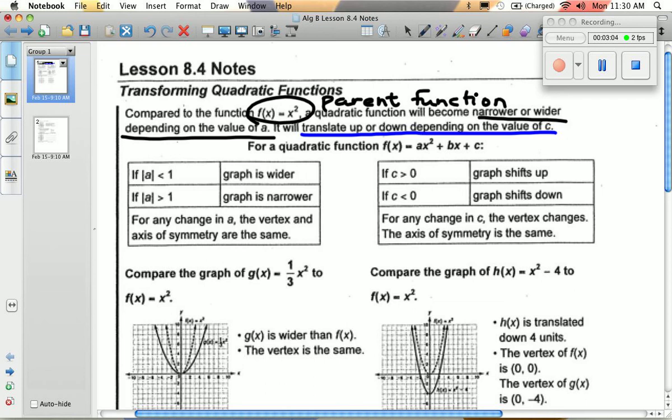So if 0 is the y-intercept of the parent function, the c value, when it's not 0, tells us whether it's going to move up on the y-axis or down on the y-axis. So the c value has two roles now also. It's going to tell us where it's crossing the y-axis and how that compares to the other equation that you're transforming it from.